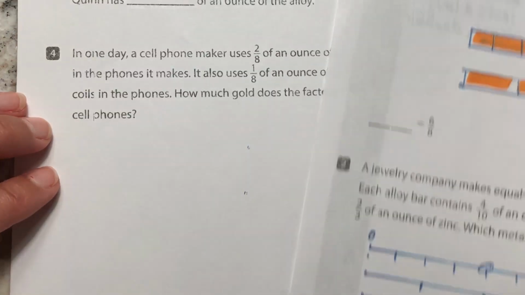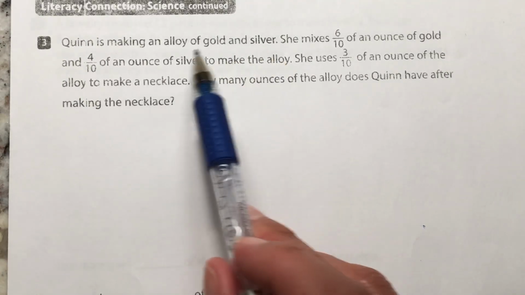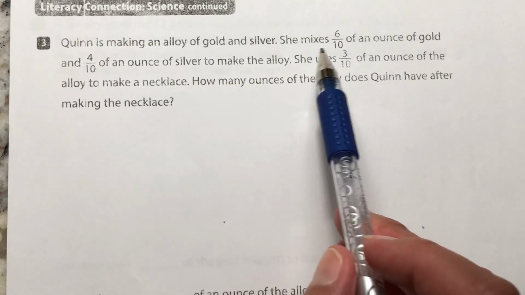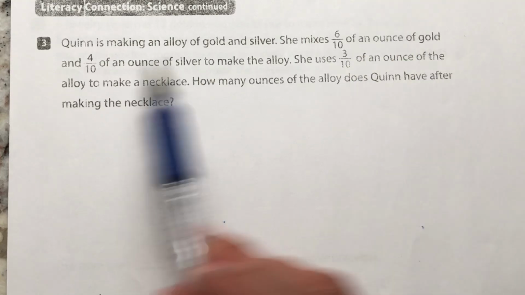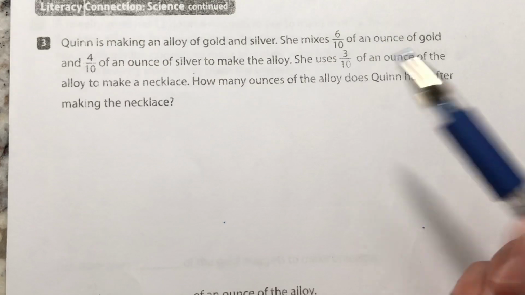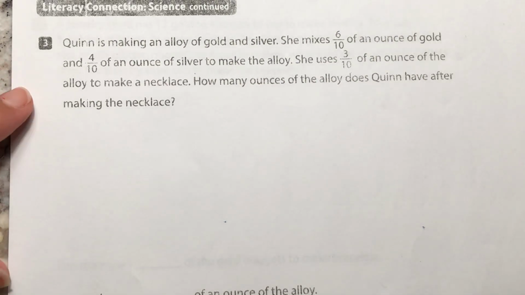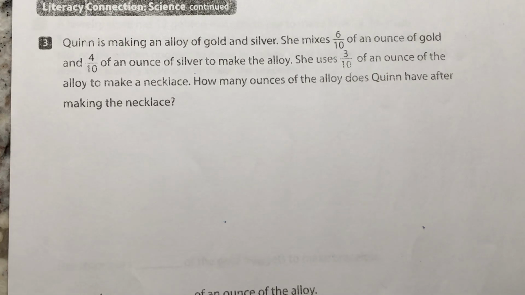Okay, so number 3. Quinn is making an alloy of gold and silver, so a mixture combination. She mixes 6/10 of an ounce of gold and 4/10 of an ounce of silver to make the alloy. She then uses 3/10 of an ounce of the alloy to make a necklace. How many ounces of the alloy does Quinn have left after making the necklace?